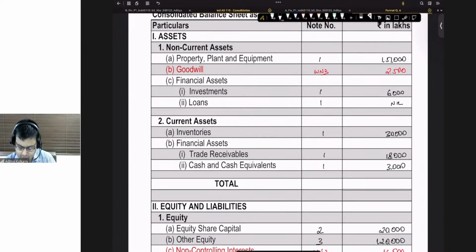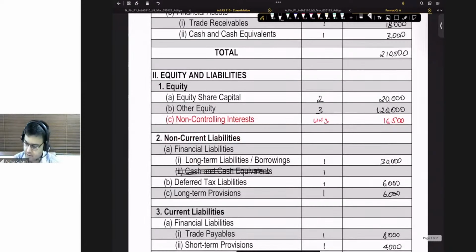1,51,000, 157, 187. 2,10,500 on the asset side.